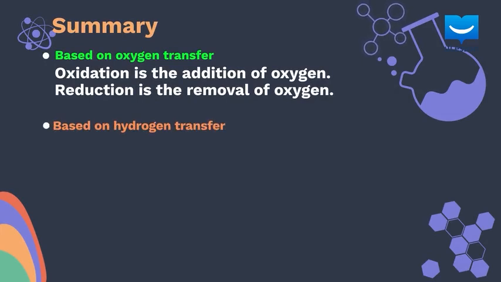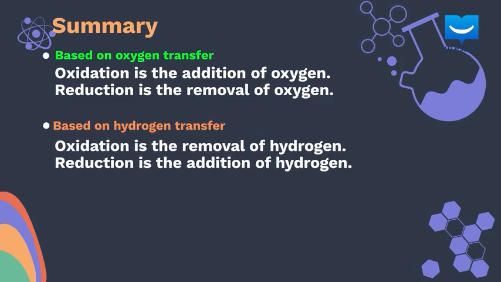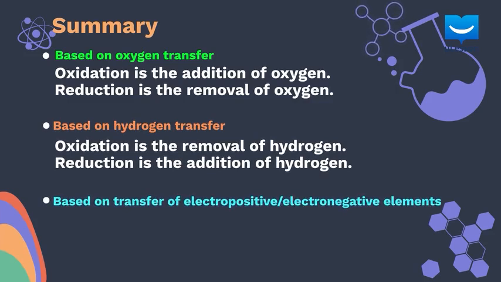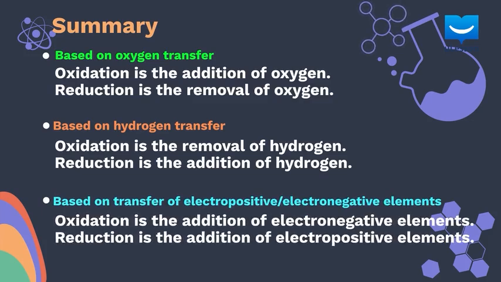Based on hydrogen transfer, oxidation is the removal of hydrogen from a substance, while reduction is the addition of hydrogen to a substance. Lastly, based on the addition of electropositive and electronegative elements, oxidation involves the addition of electronegative elements to a substance, while reduction involves the addition of electropositive elements to a substance.